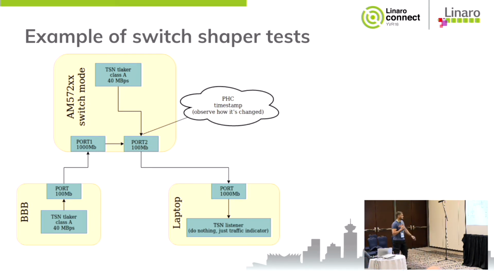So we send some class A traffic, 40 megabits, and shape the traffic on port 2, and at the same time we send class A from the host side, because AM572 can be in switch mode, and it has 3 ports, 1 for the host and 2 external ports.